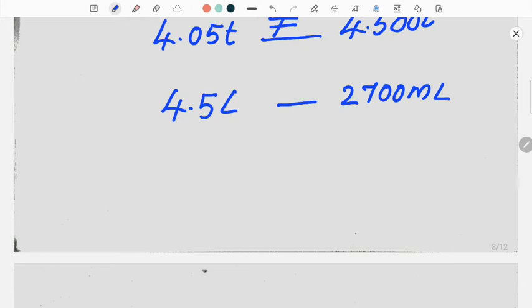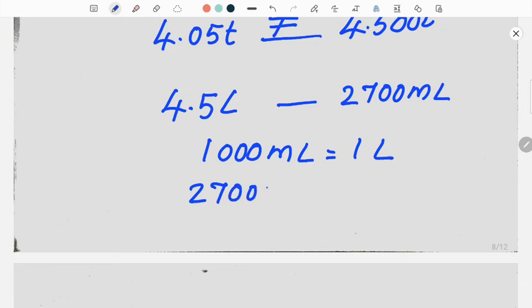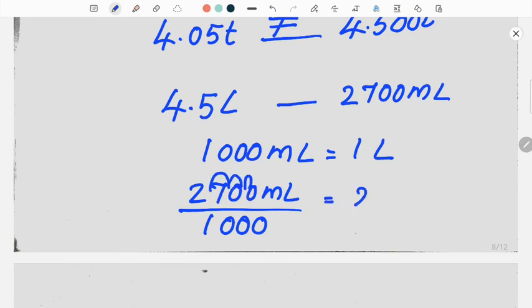So change milliliter to liter. 1000 milliliter is equal to 1 liter. So 2700 milliliter divided by 1000. Division by 1000 means shift the decimal 3 places to the left side. So 1, 2, 3, 2.700 liters, which is equal to 2.7 liter.